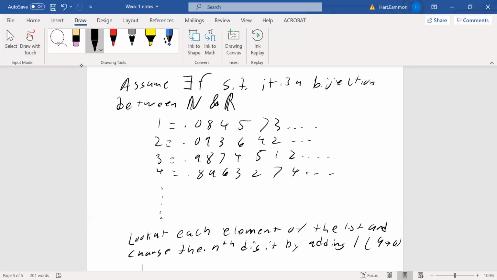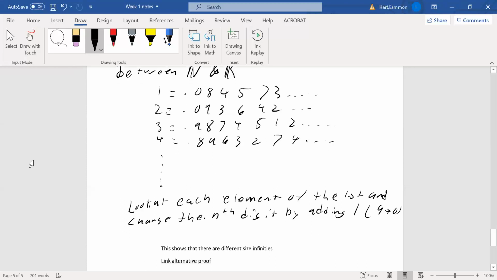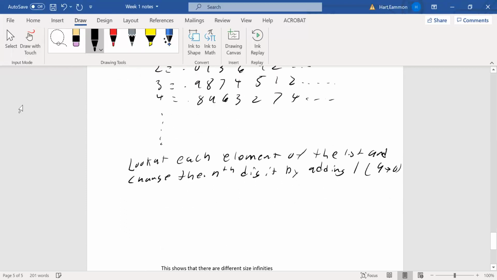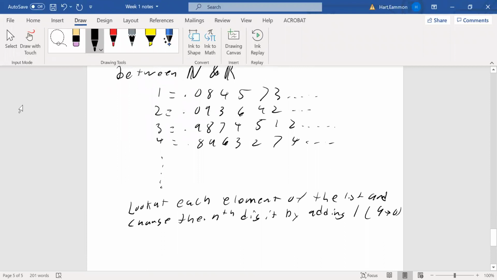So given this list that I just drew up, I would look at this guy and I would say, okay, I have a 0 here, so that means I have to change that to a 1. Okay, I have a 9 here, that means that I have to change this to a 0. Okay, I have a 7 here, that means I have to change this to an 8. Okay, I have a 3 here, becomes a 4.